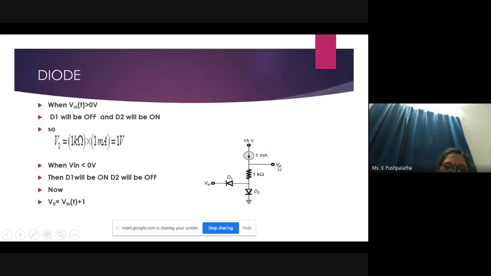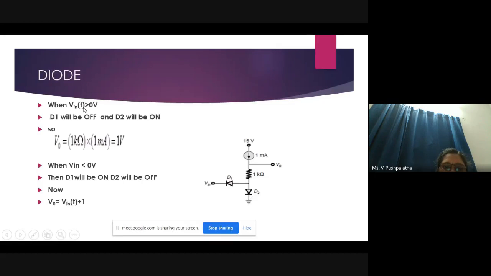So what is my V0 here? My V0 is V in of t plus 1, since we found already it is 1 volt. So V in of t plus 1 volt, whatever V in voltage you are taking. I am taking less than 0 volt, so that voltage plus 1. Clear? I hope you understand.